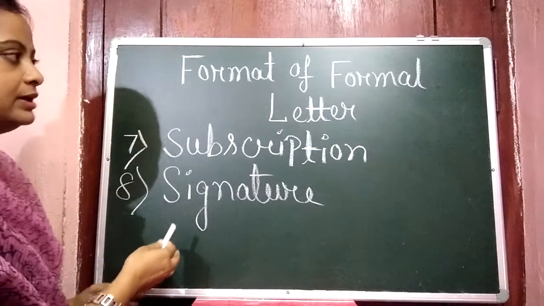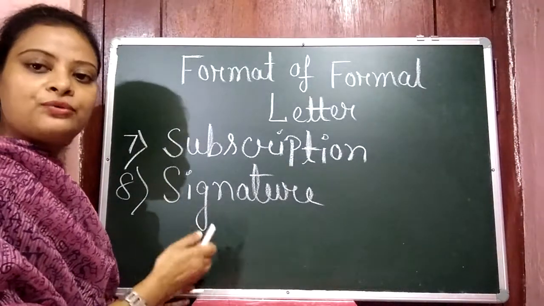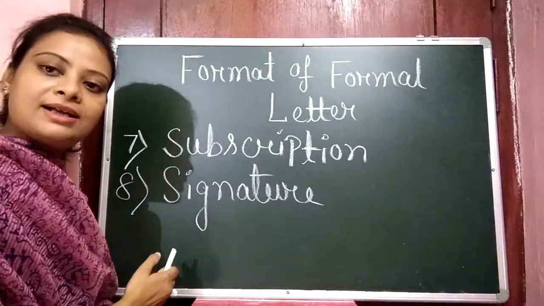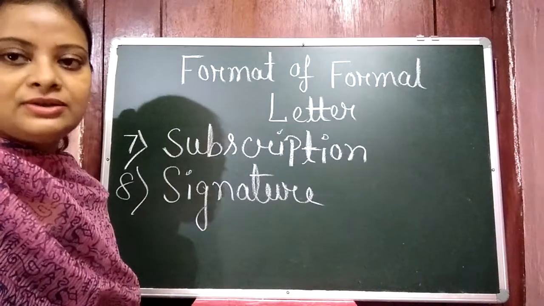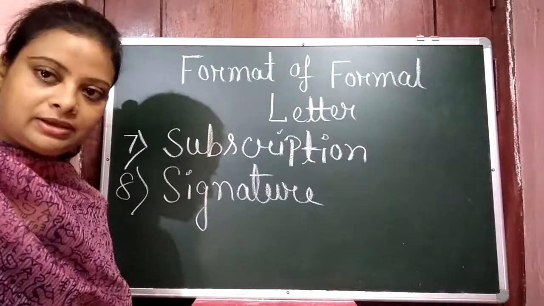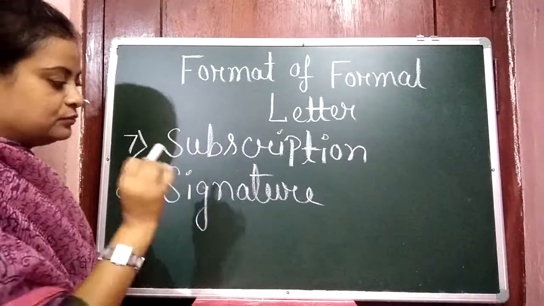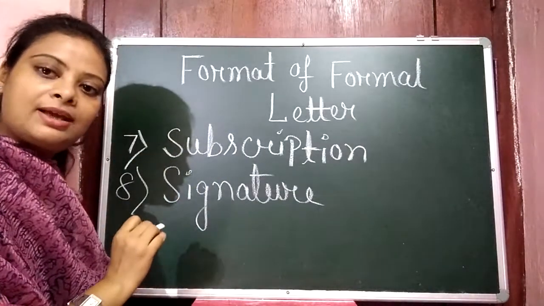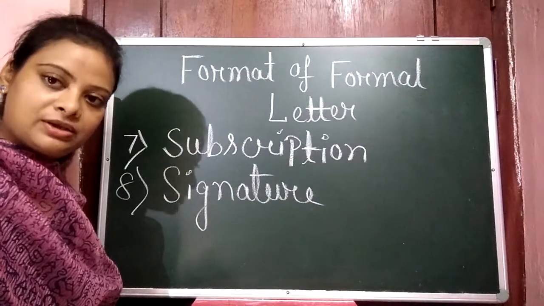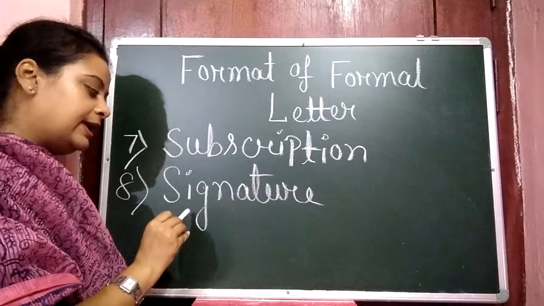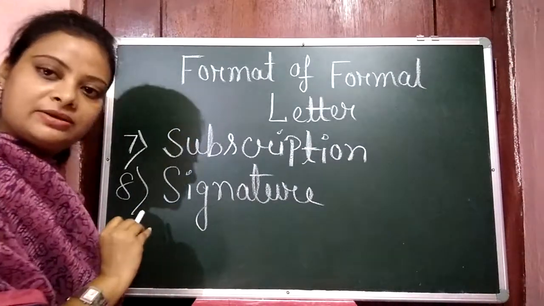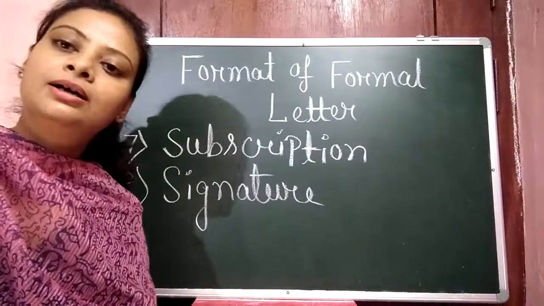So whenever you are writing a formal letter, you will write your full name and your class and your section. No need to write your roll number here. That is your full signature: your full name, your class and your section should be mentioned in the last part, that is your signature part, whenever you are writing a formal letter.